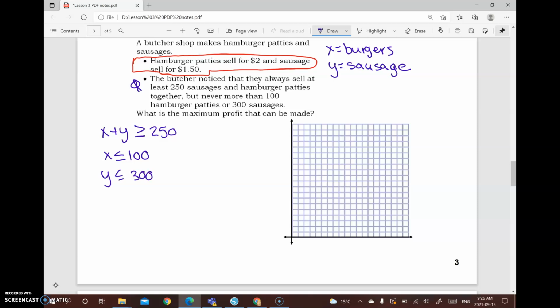I'm going to graph those 3 inequalities. What I notice about my first one is that it's not in y equals mx plus b format, so I'm going to move the x over to get y by itself. There we go. Okay, I got my 3 inequalities, and I want to make my graph so that I can fit 250, 100, and 300 on there. So if I go up by 25, that should work.